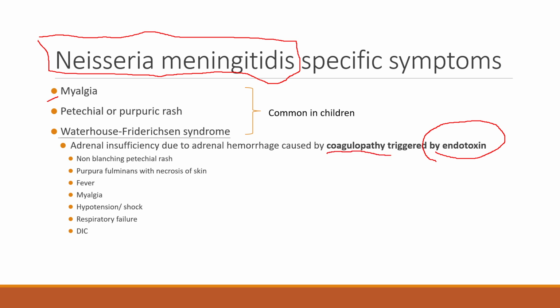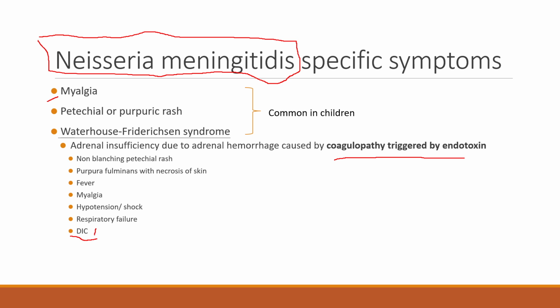And if you look at this mechanism, you may find it quite familiar. This is basically a similar pathophysiology to what happens in DIC. If you recall what may trigger DIC, a severe infection may also trigger DIC.